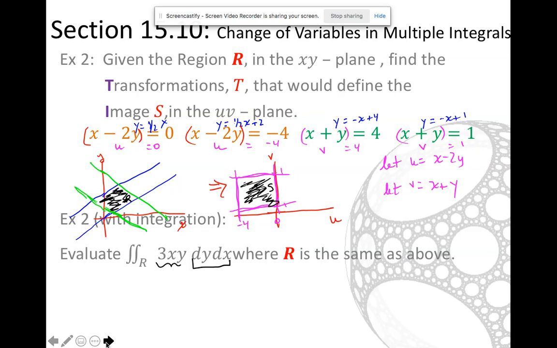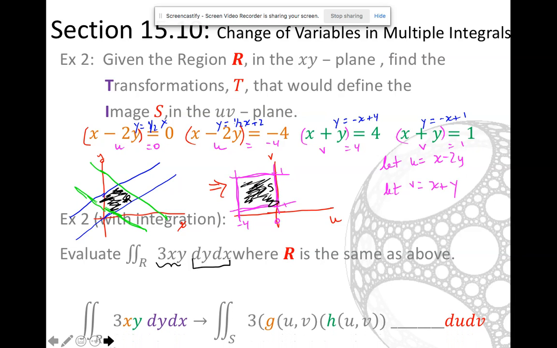I want to transform that into integrating over the S region. So I've still got my 3, but x now needs to be written in terms of u and v, and then I need to multiply that times y, which also needs to be written in terms of u and v.